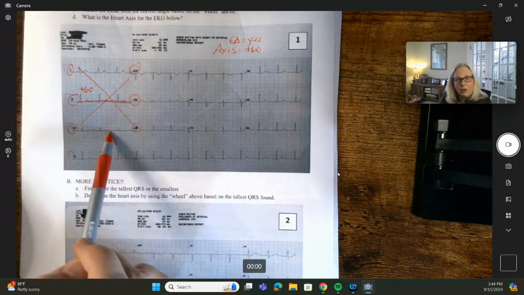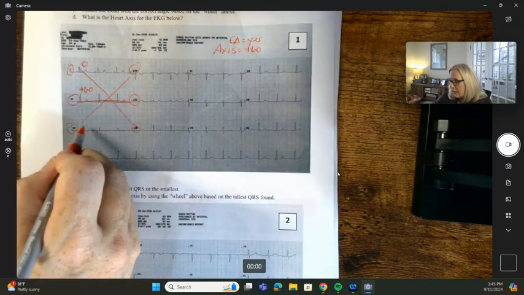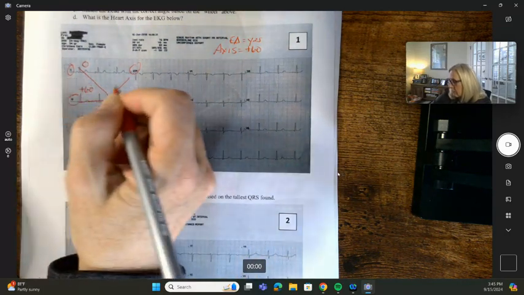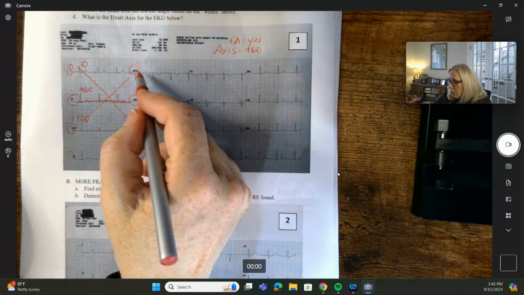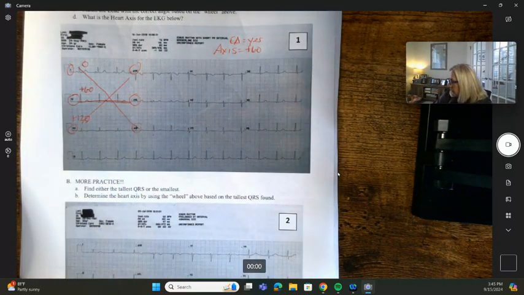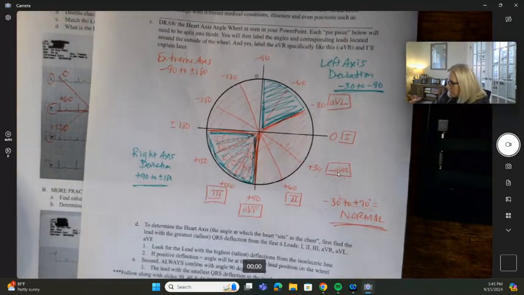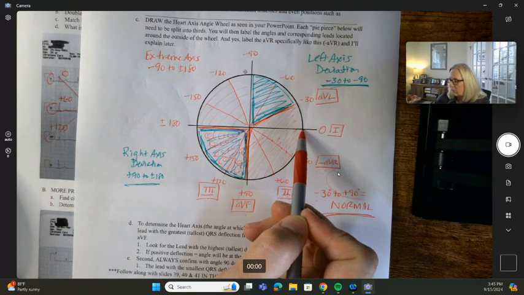So what we need to memorize now is what degrees each of these are. And it goes in a pattern. It's actually pretty easy. This is 0, 60, 120, positive 120, okay? Lead 1 is 0.